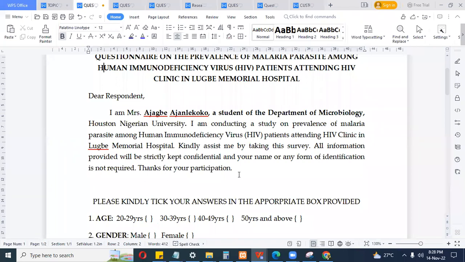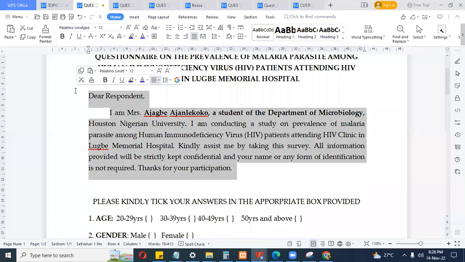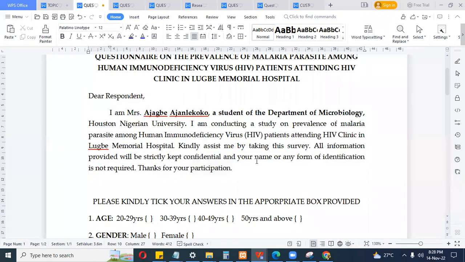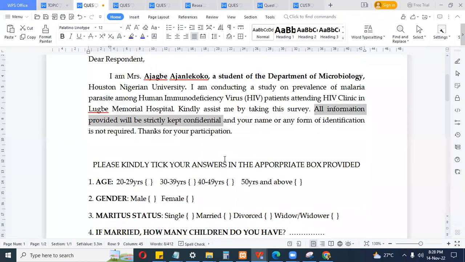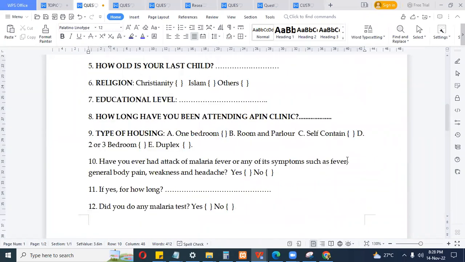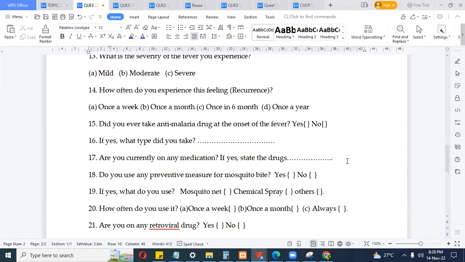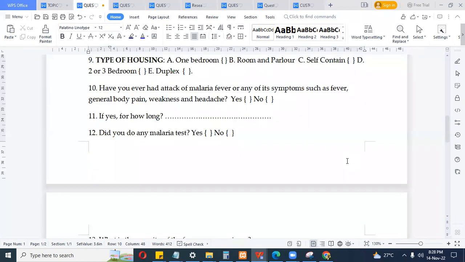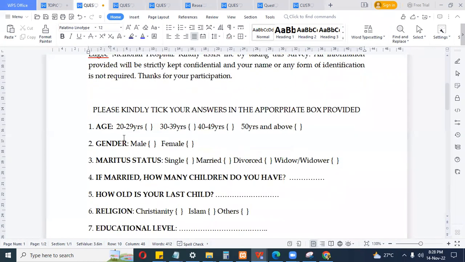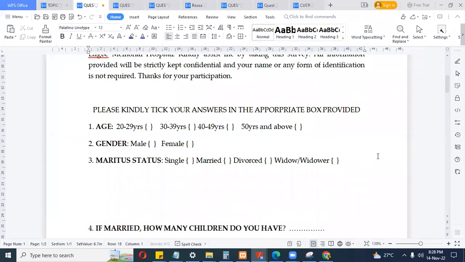Kindly assist me with taking. I love this because you give a background, you give an intro, you give the person a reason why they should participate, and you talk about confidentiality, which is very key. I also love that this is not categorized yet. You could categorize it by having the bio data: age, gender, marital status.